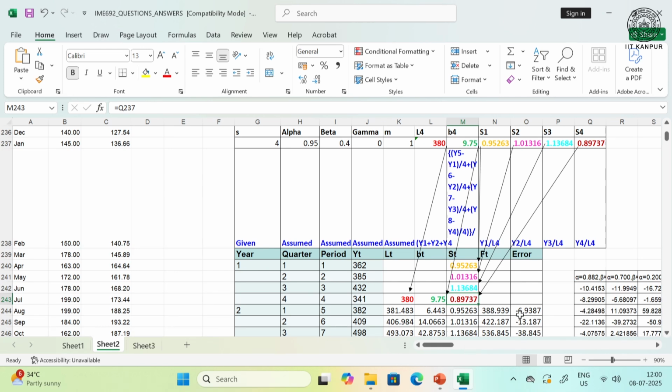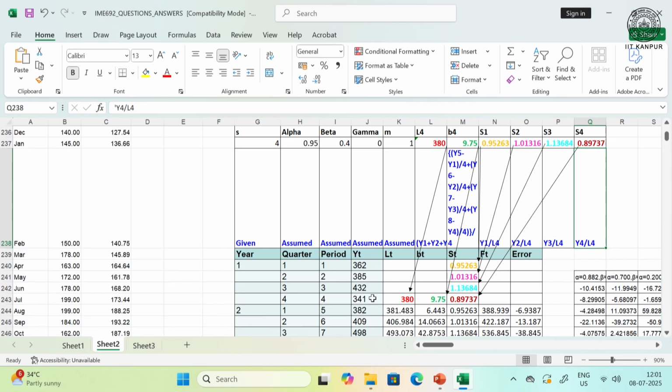So, once that is done, we have these values accordingly, and if you see, the formula of S1 is Y1 divided by L4, for S2 is Y2 divided by L4, S3 is Y3 by L4, and S4 is Y4 by L4. It is written for explicit understanding for all of us.